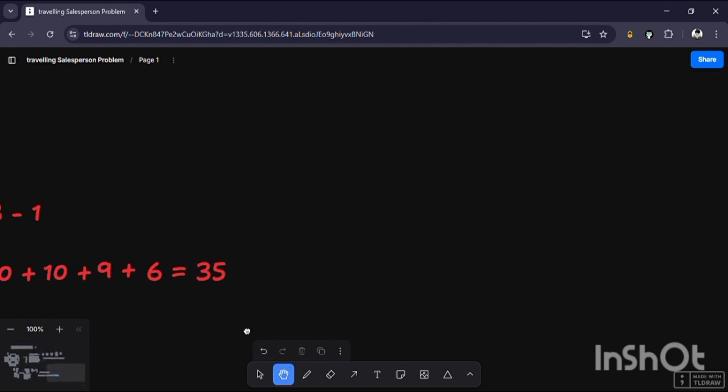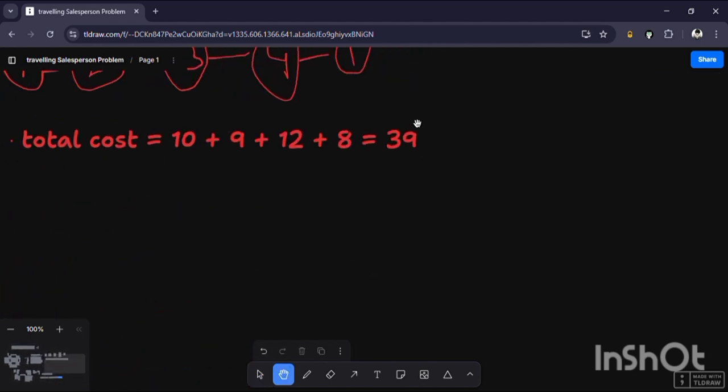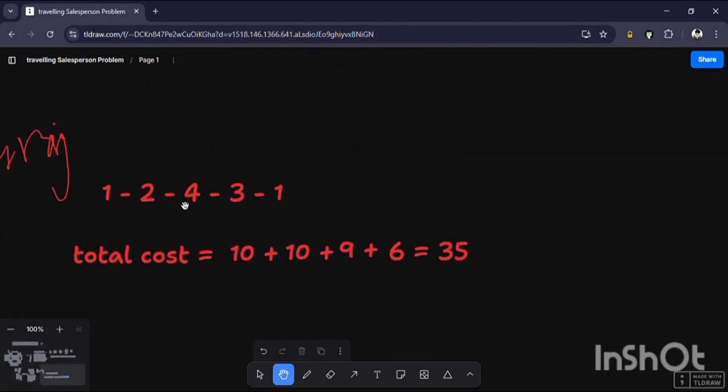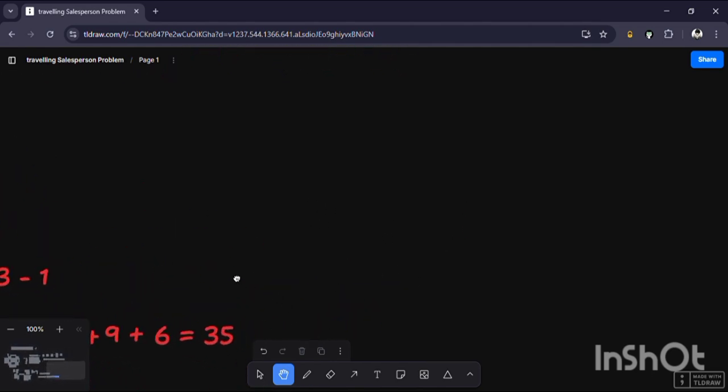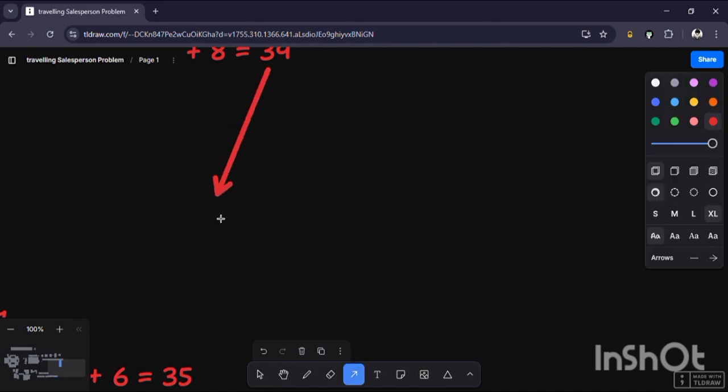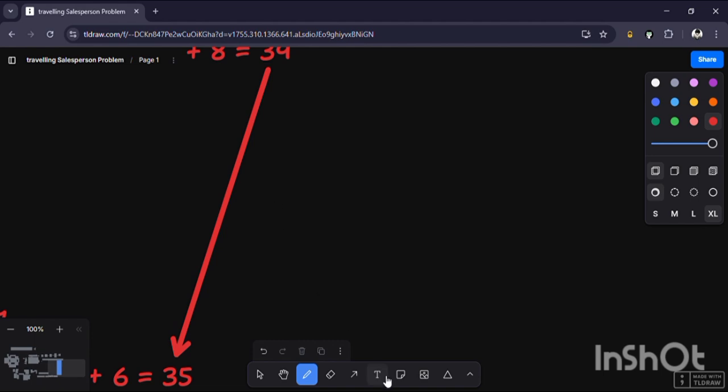So previously he was paying 39, and if he follows this path it will cost him 35. So 4 rupees less. Saved 4 rupees.